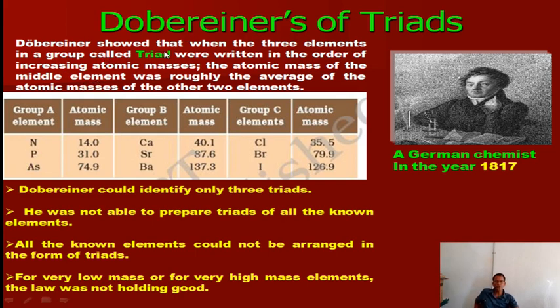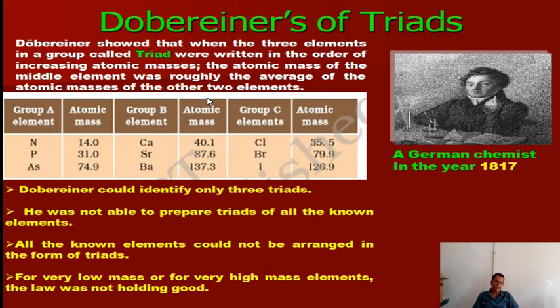So Döbereiner showed that when the three elements in a group called a triad were written in the order of increasing atomic mass, the atomic mass of the middle element in the triad is the average of the other two elements. That means the atomic mass of the middle element will be the average of the atomic masses of the other two.